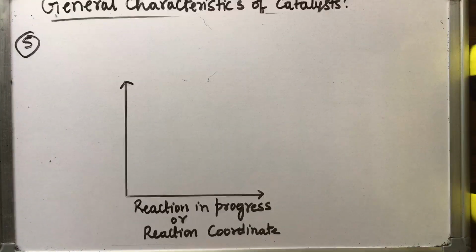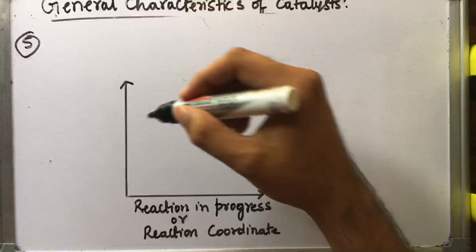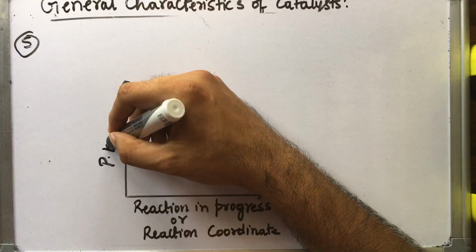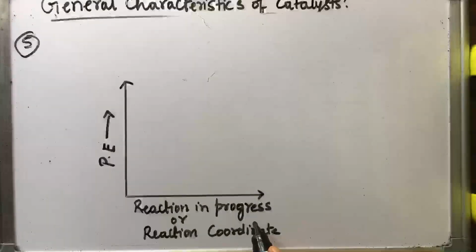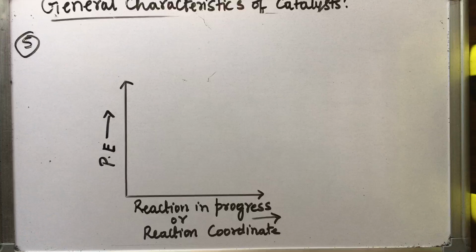Is it clear, students? On the other side, I have to write potential energy. This should be potential energy. As we move up, potential energy increases. As we move from left to right, the reaction is in progress. So we can call it time also in another way.